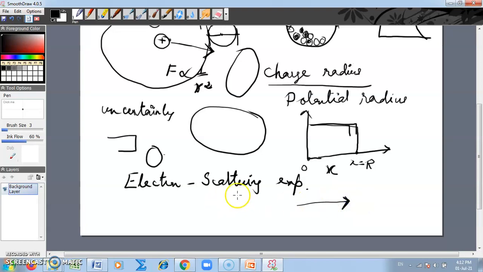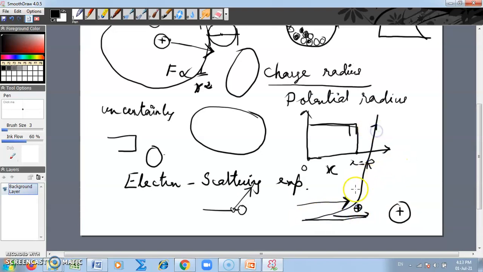And do we know what scattering is? Scattering is if a particle comes like this and hits this one, then after that it goes this way. But even without hitting, if this is a positively charged body and this is another positively charged body, and I direct this small positively charged one towards this, it will not go like this, it will go this way.